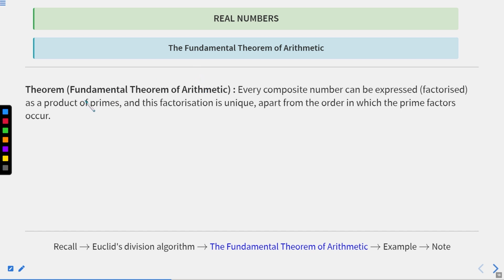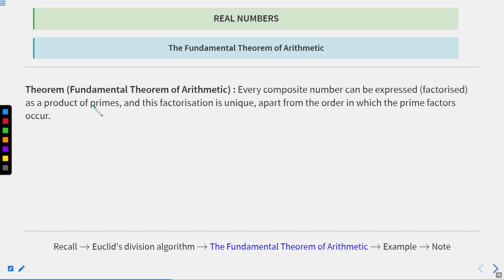In our previous class, we introduced the fundamental theorem of arithmetic. It is an important and crucial theorem to study integers.